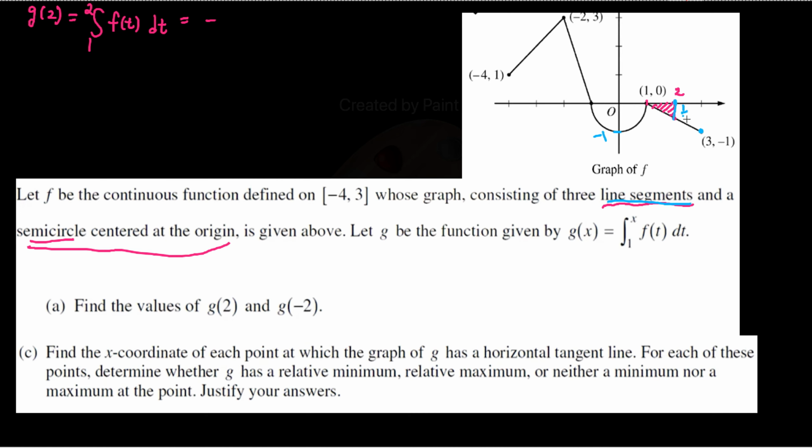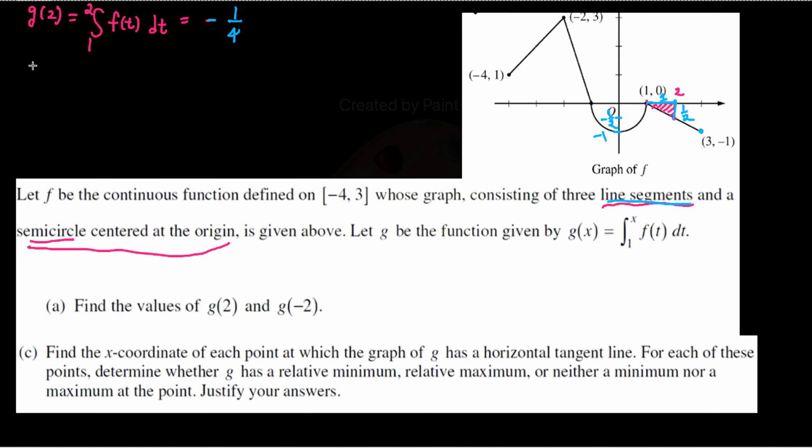Or you could do some logic and figure out that this length is 1/2 and this is at -1/2 right here. Okay, it's up to you. Be sure to conclude that this length is 1/2. Then you know this length from 1 to 2 is 1. So this area here is 1 times 1/2 divided by 2, which is 1/4. And my first value, g of 2, is -1/4.